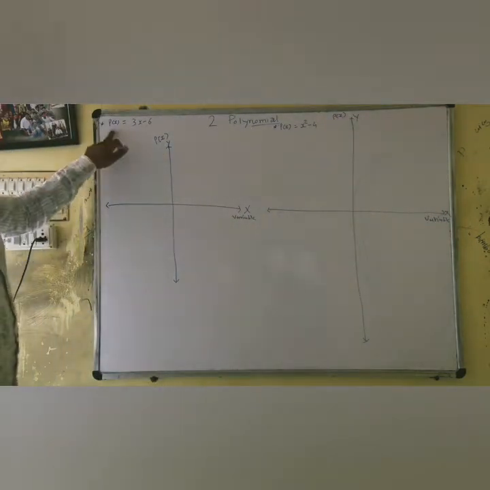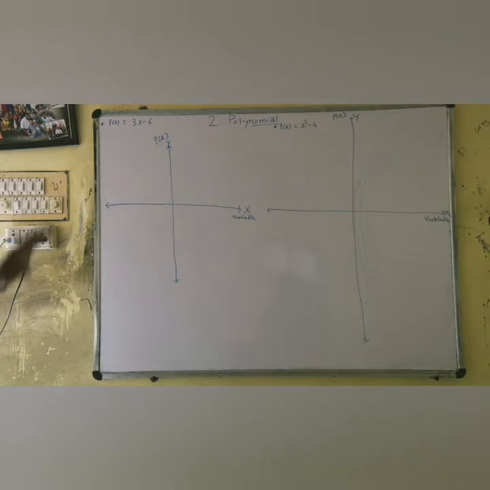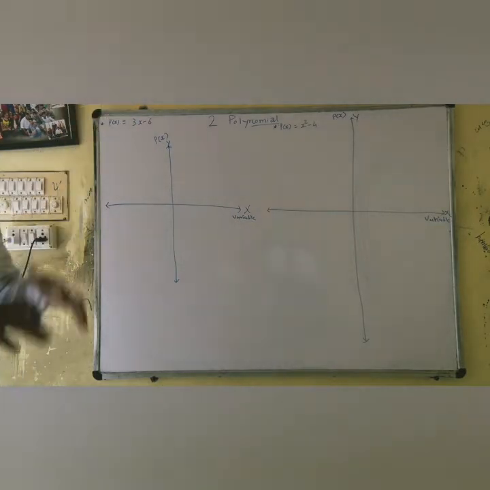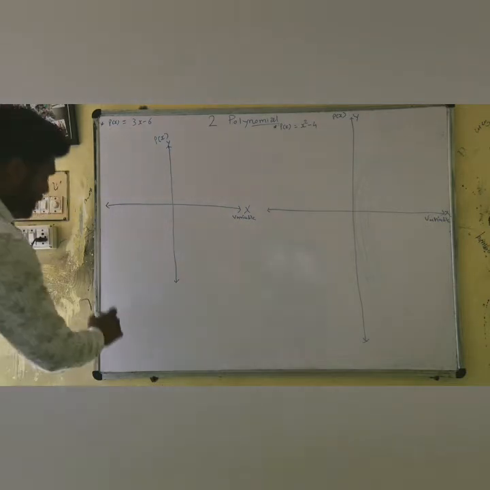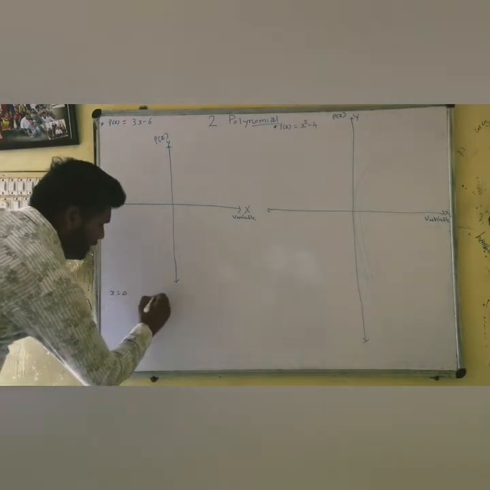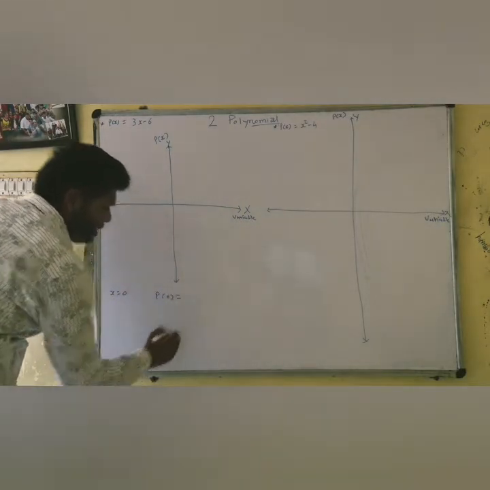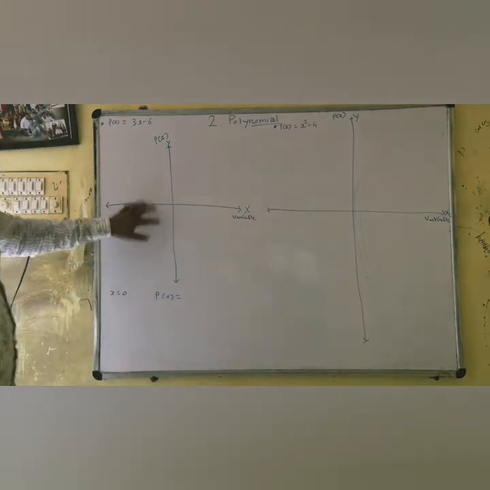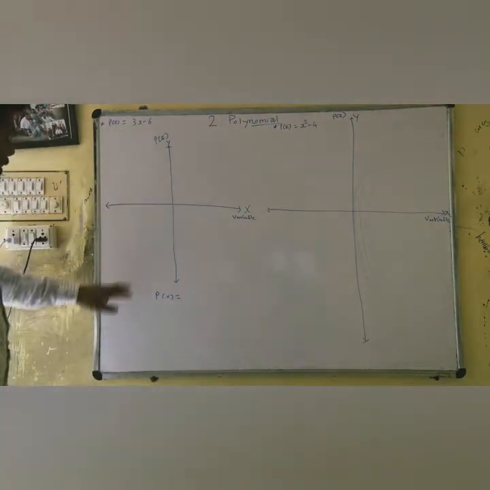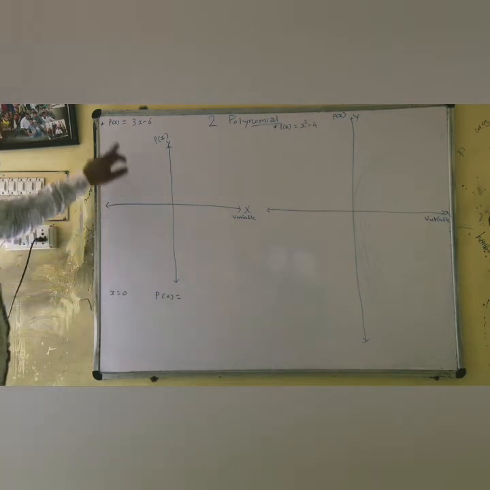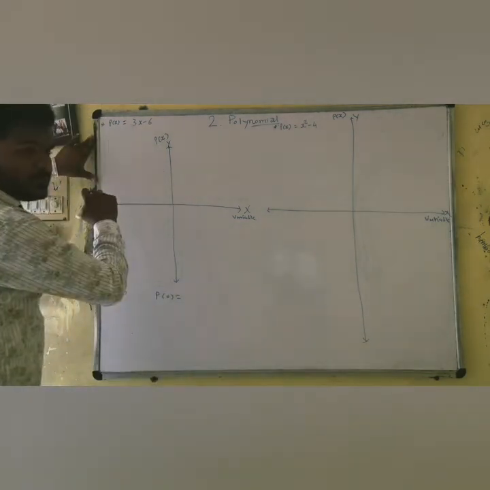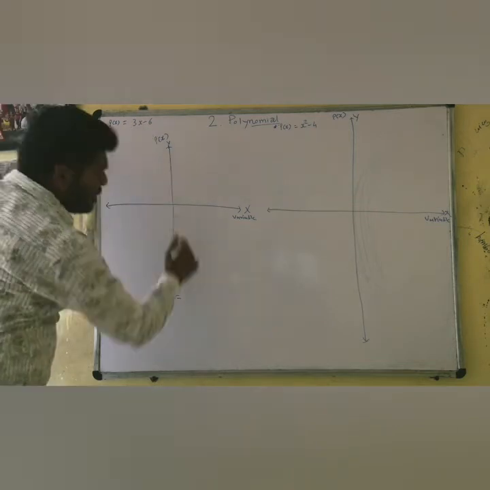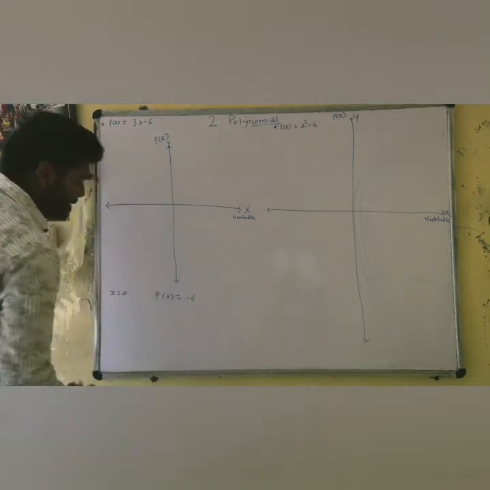Now, first, what you should do is just assume some value of x and put that value in the equation. Let x equals 0. Then p of 0, for this polynomial, is 3 into 0, 0, 0 minus 6, minus 6.